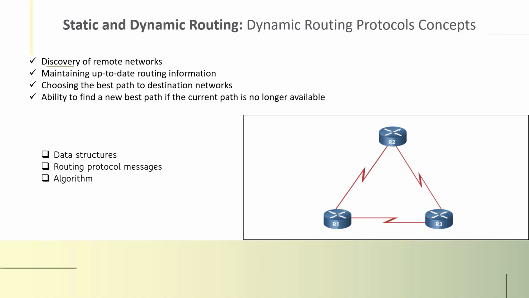Routing protocols will allow a router to dynamically share information about remote networks and automatically offer this information to their own routing table. And here you can see the process, how they update and share the information with each other.